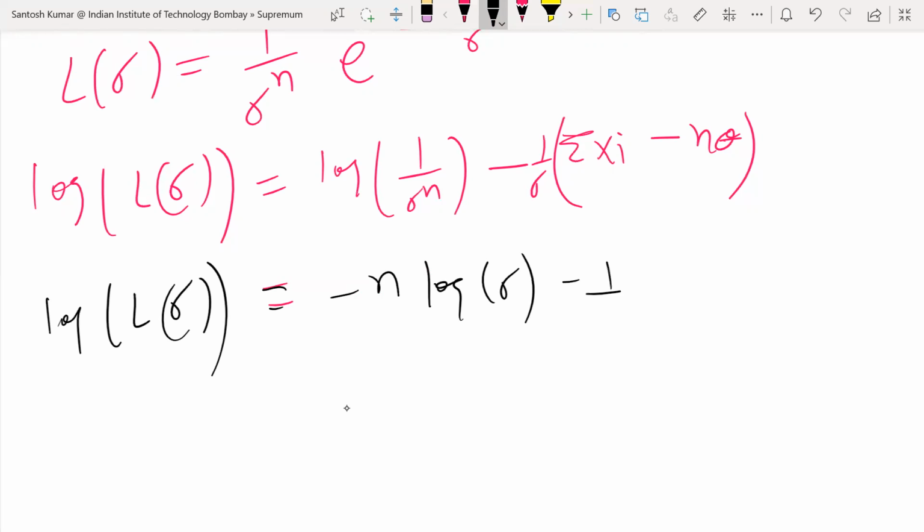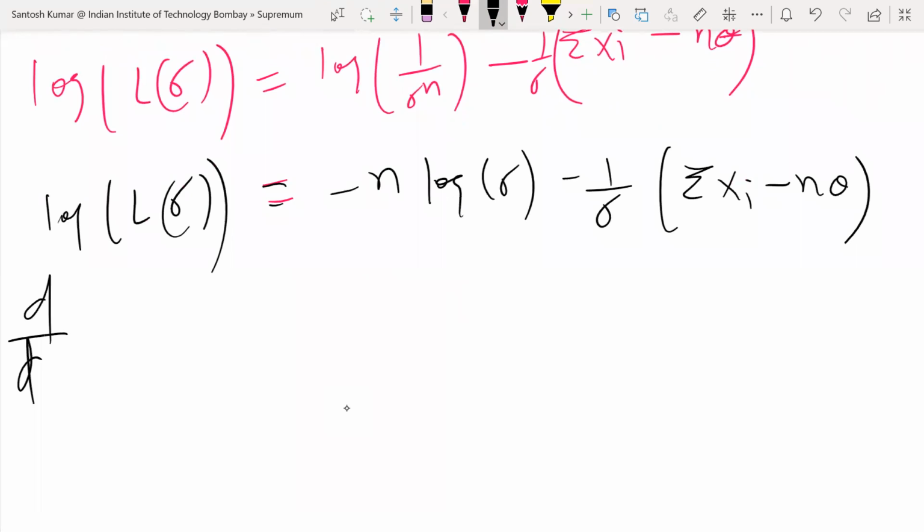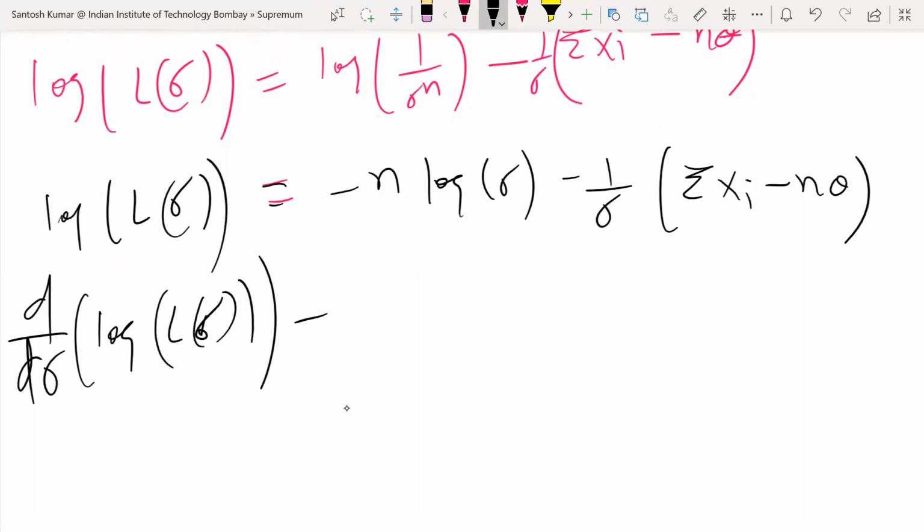So log L sigma is minus n log sigma minus 1 by sigma summation xi minus n theta. Now what we do, we first differentiate, because we need to find sigma such that the likelihood function is maximum. So for that we have to find the first derivative and put it equal to 0.